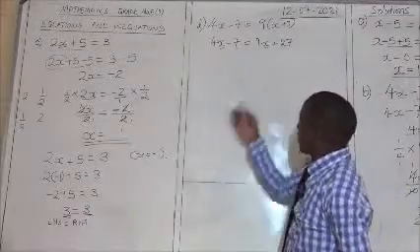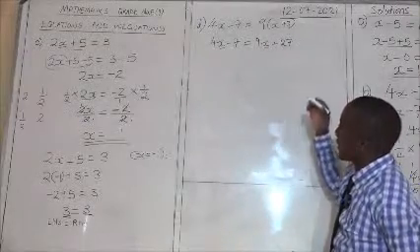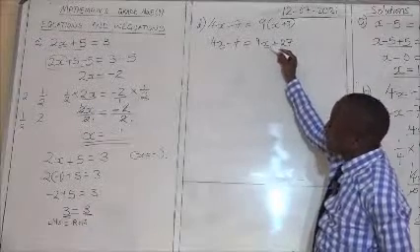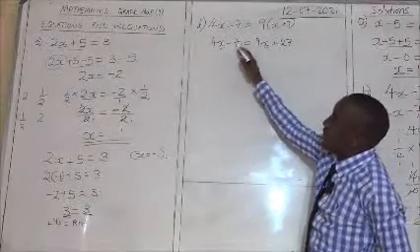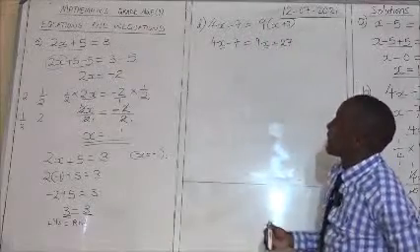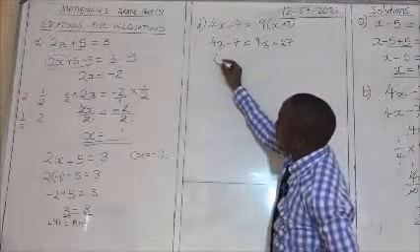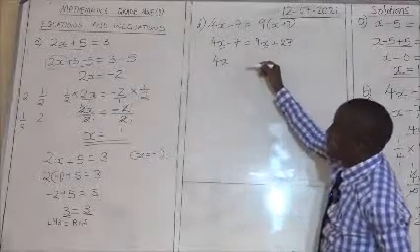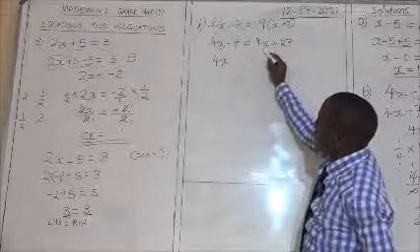Okay, so for this you should first collect the like terms. So the one with the variable which is x should be at the same side, and the constant should be at the same side. So we should collect the like terms, so we'll have this 9x.